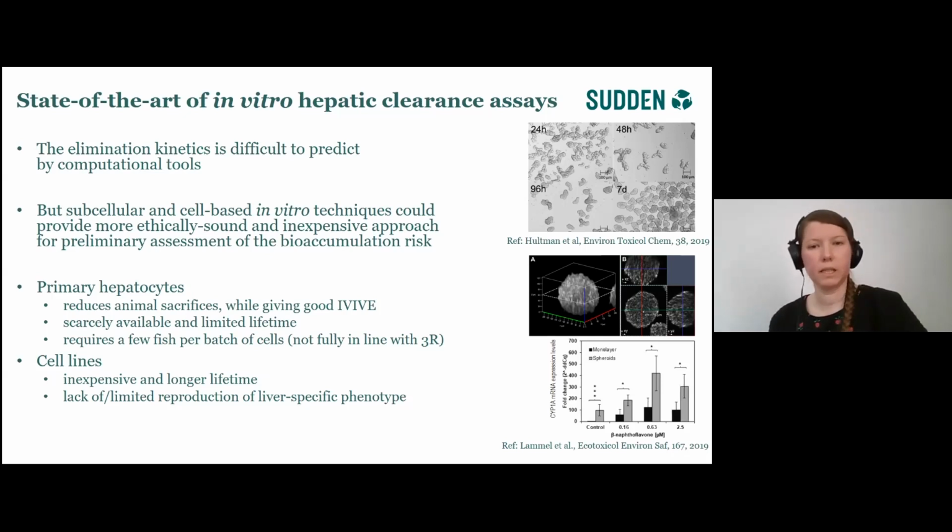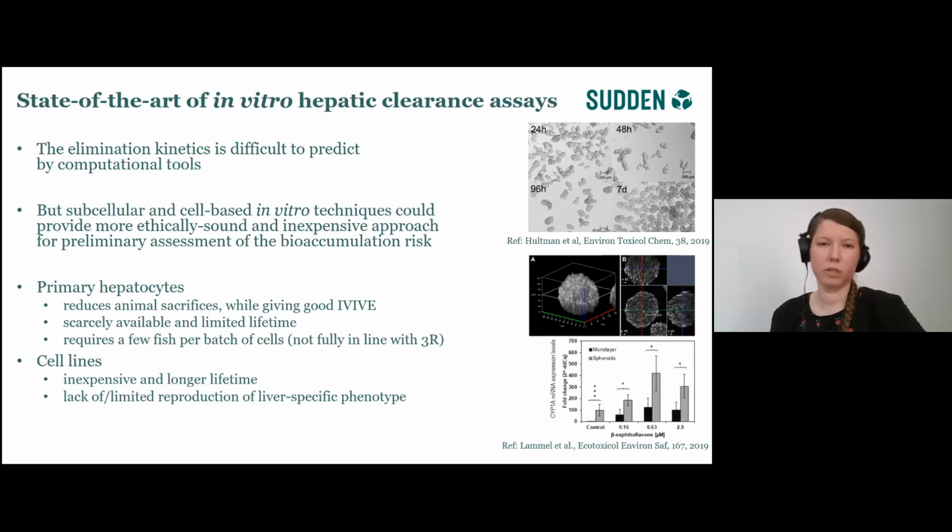What comes to the cell lines, they are inexpensive and they can live longer, but they have lost most of their liver-specific phenotypes, so there are limitations in using them as well. If you look at the pictures on the right side, on top are primary hepatocytes, and the lower pictures are from cell lines.